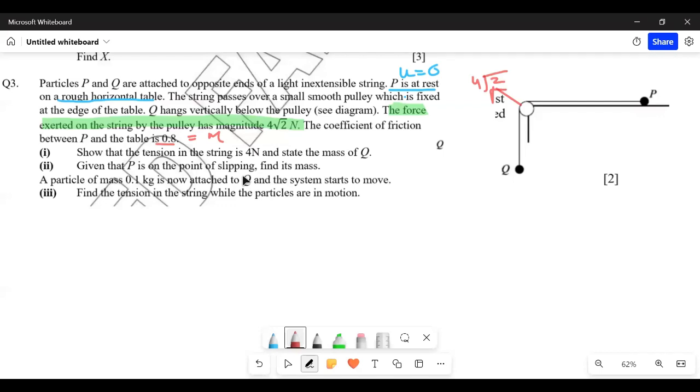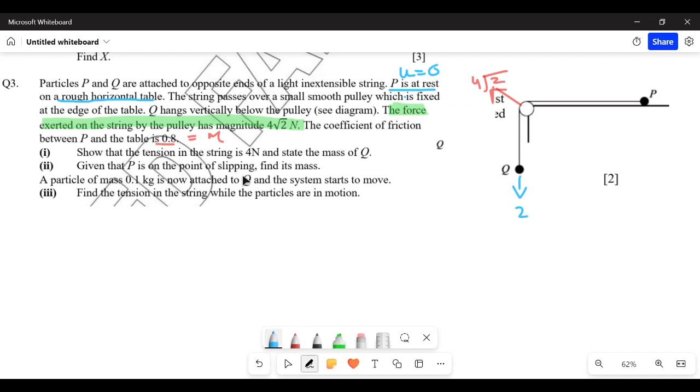Usually we're given the mass first, and using that mass we find the tension. For example, this is mass, let's say 2 Newtons, and this is T. Since the system is in equilibrium, up force is balancing the down force, so T is equal to 2. However, we don't have the mass here.